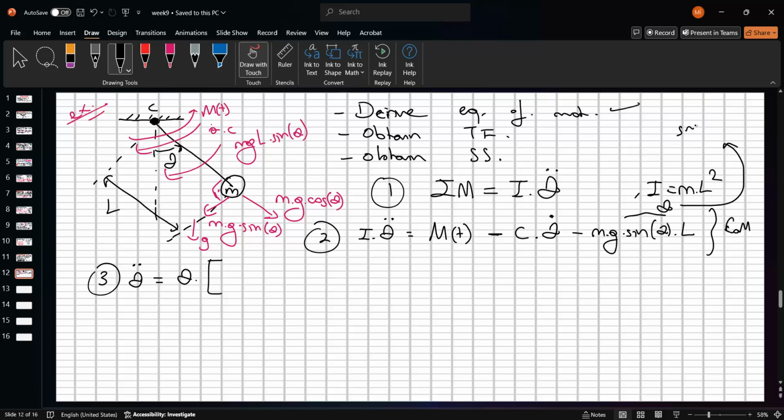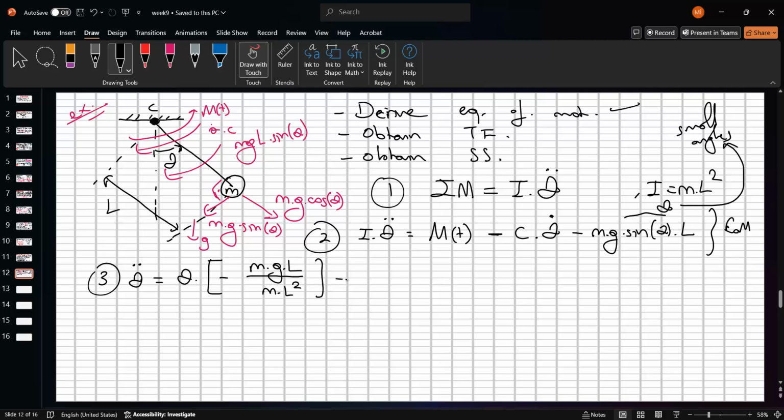Otherwise, this is non-linear. Okay, this is considered as theta, and so theta double dot equals minus mgl divided by I times theta. What is the value of I? ml squared, right?